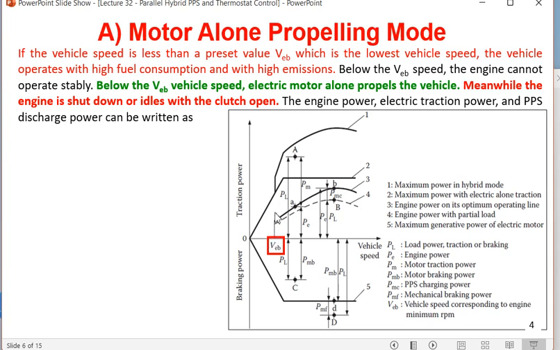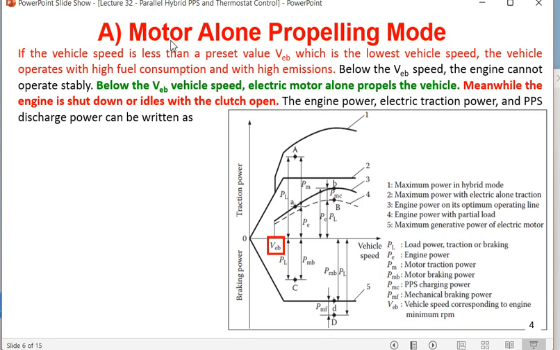Whenever this parallel hybrid drivetrain is started, it will be started with electrical, because the engine does not start till 20 km per hour. So this is a special region called VEB, the vehicle speed corresponding to the engine minimum RPM.